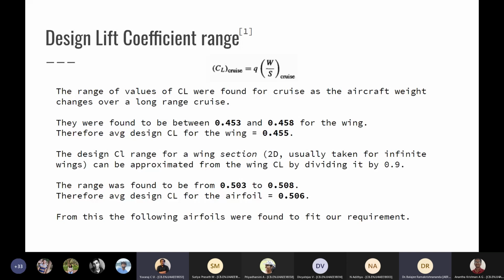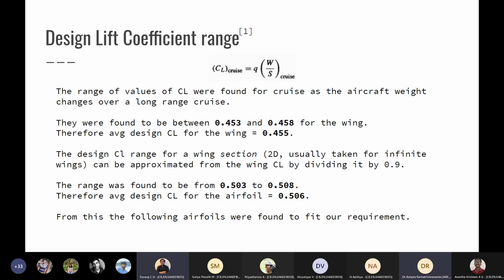So we take lift equal to weight. That is right. But how do you find the range? You found numbers between 0.453 and 0.45.